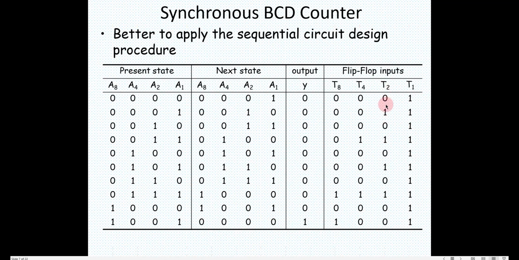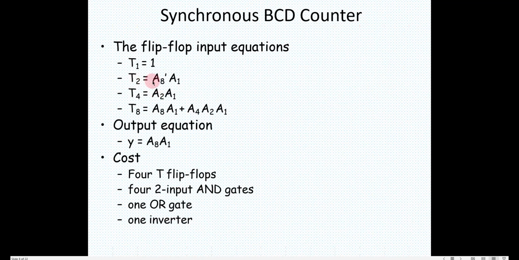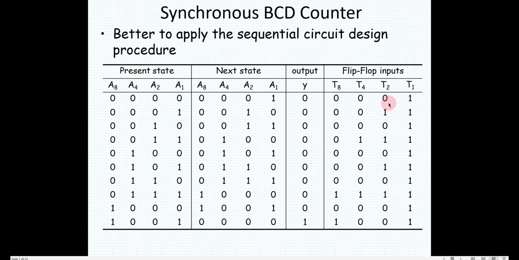What about T2? If I see T2 here, whenever there is a 1, it is making a transition. Whenever there is a 1, it is making a transition. Whenever there is a 1, it is making a transition, right?